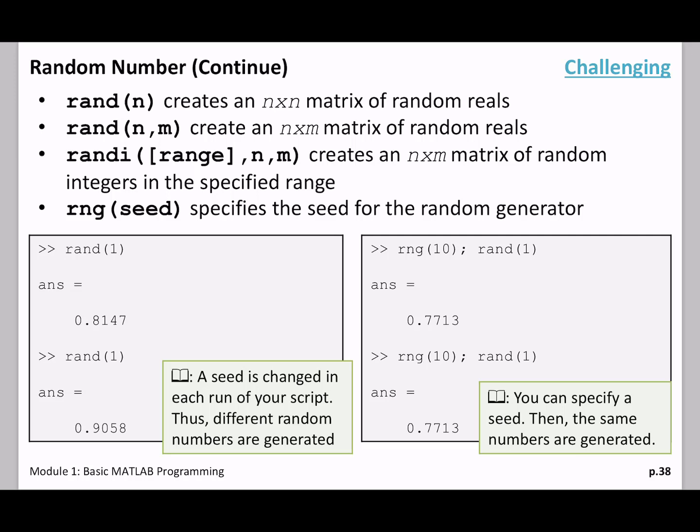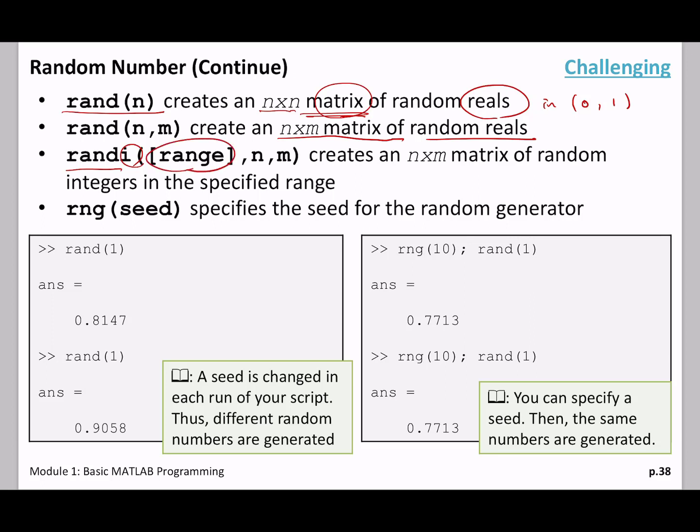We haven't learned about matrices yet, but the syntax is: rand(n) creates an n by n matrix of random real numbers in the interval 0 to 1, and randi generates integer numbers, so you can specify the range here.